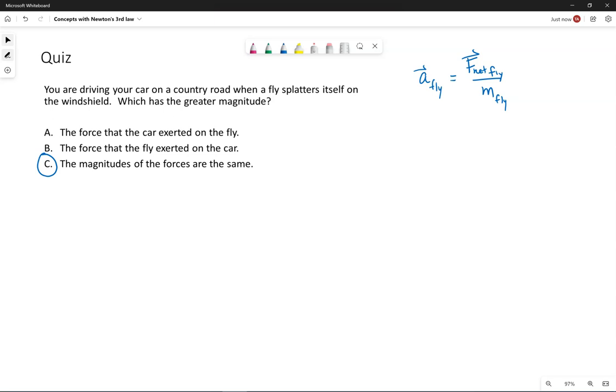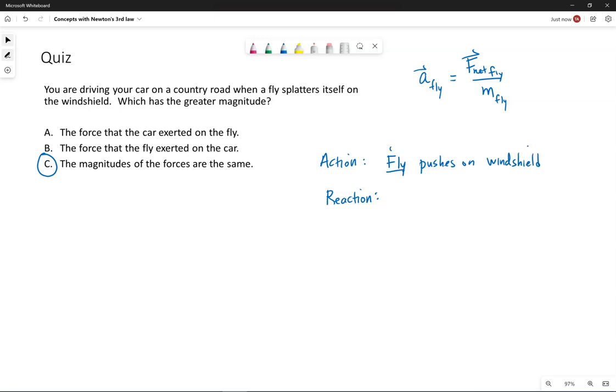But just as a reminder, when we talk about Newton's third law, where we're saying that every action has an equal and opposite reaction, we can write out a statement describing the fly pushes on the windshield.